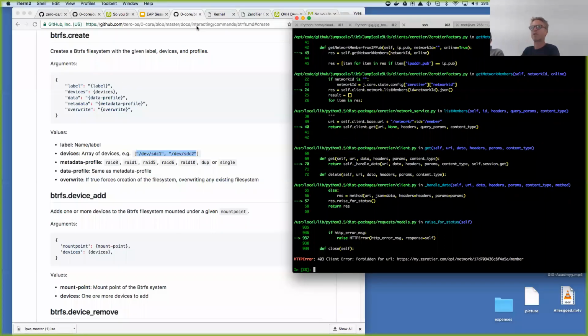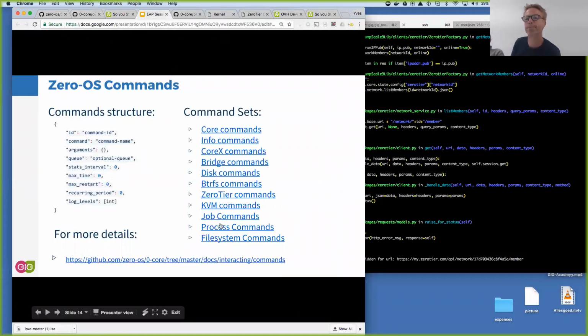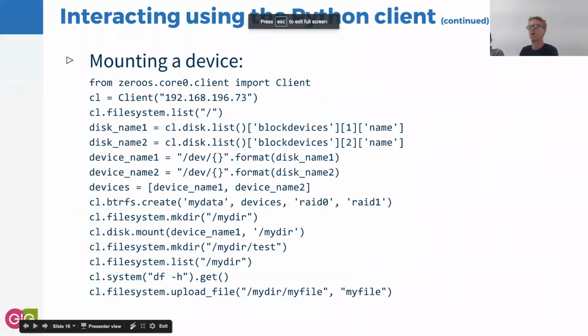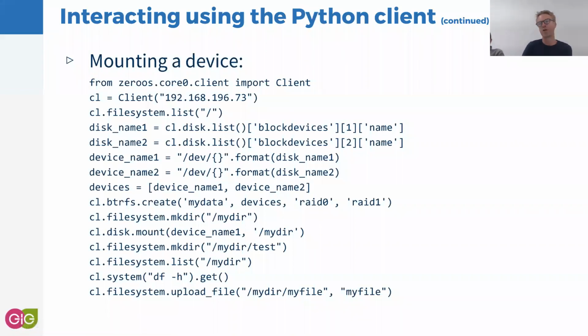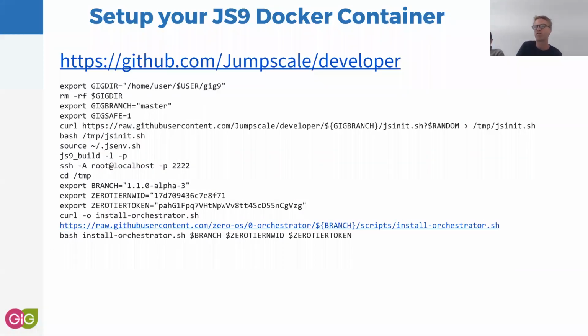Good. Let me go back to the slides. So mounting a device, this is basically what was shown by Donato. To close the session, just like the previous time, I really invite you to install Docker on your environment.